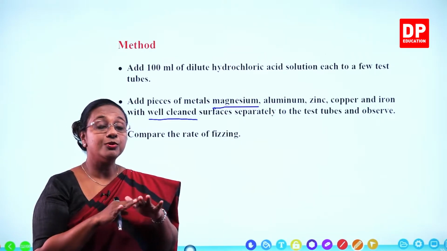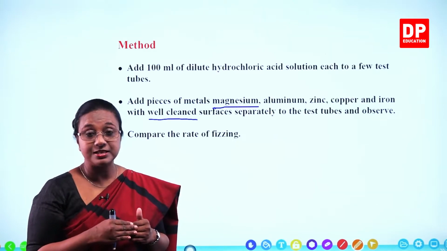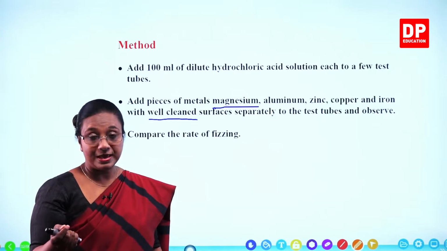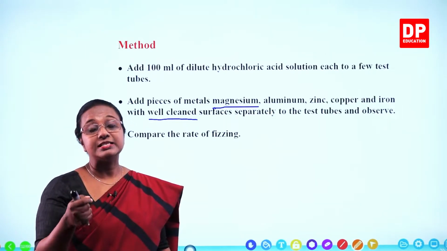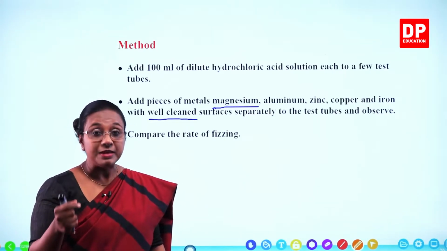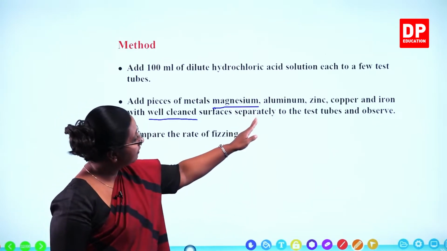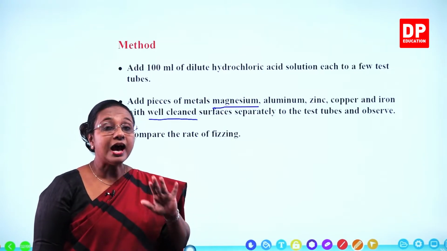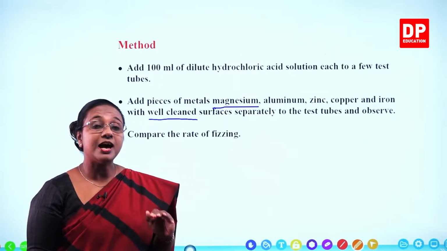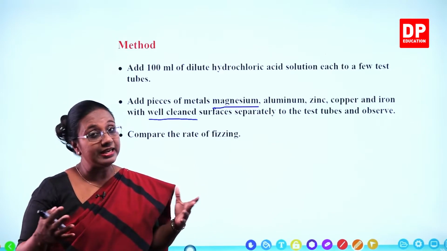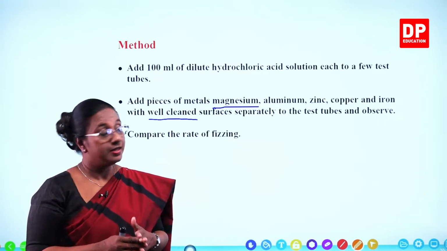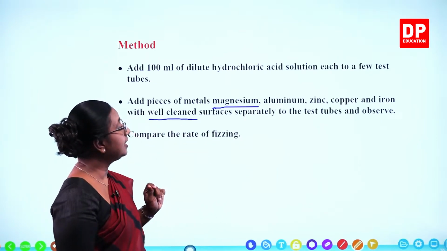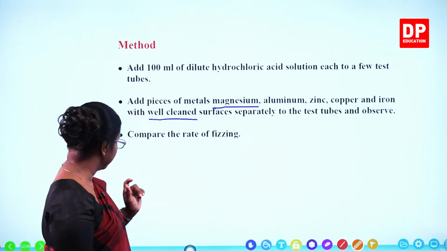So normally you don't see the shine of the magnesium strip. There is a layer over it, so we clean it with sandpaper. When you clean it, you can see the shiny surface. That's the metal. So all the metals, even aluminium, zinc, copper and iron, we have to make sure they are clean. That means there is no oxide layer or any other layer over it.